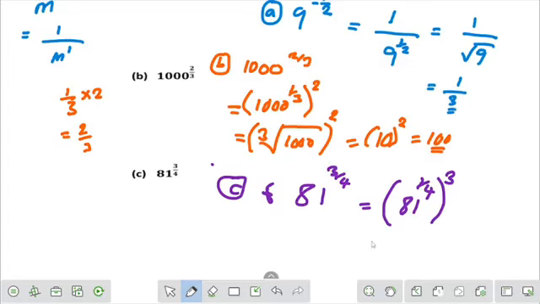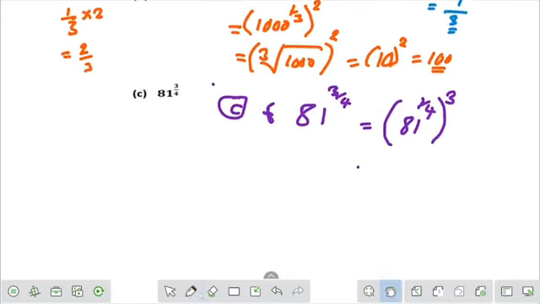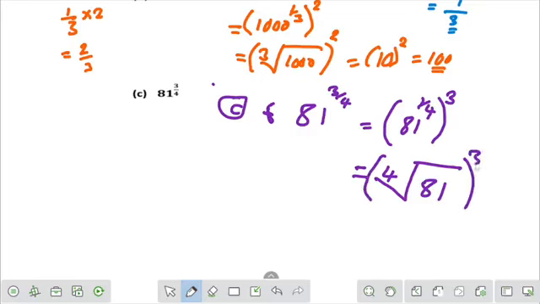What does this mean? Since we have 1 over 4, 1 over 4 is the fourth root. We write it as the fourth root of 81, in brackets, to the power of 3.